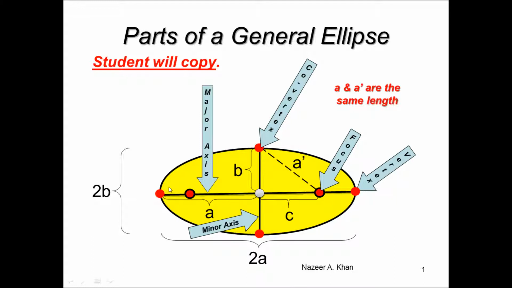I mean, a is from the vertex to the center, and this is from the co-vertex to the focus, but they are the same magnitude of number. Okay, they're the same magnitude. It is a phenomenon of the ellipse, and each one of the conical shapes, like the parabola also, has its own set of rules.